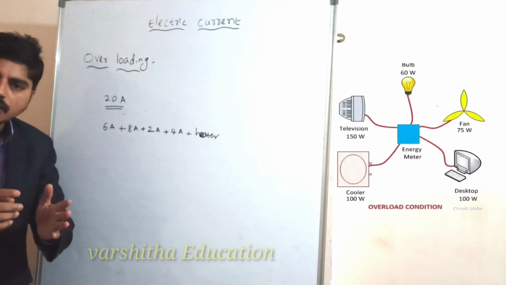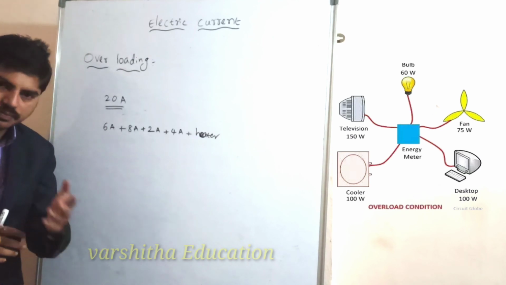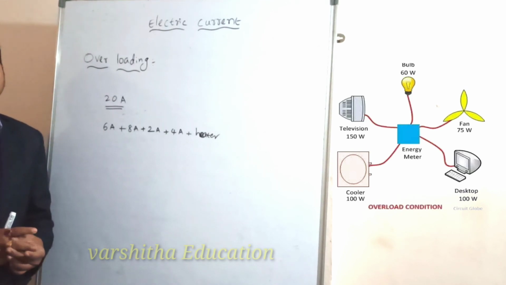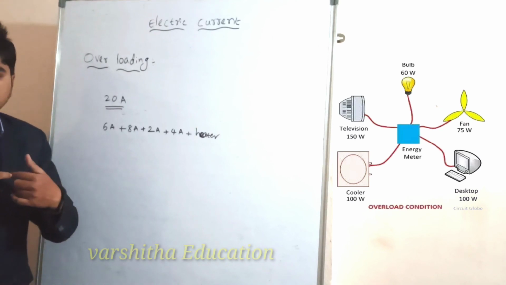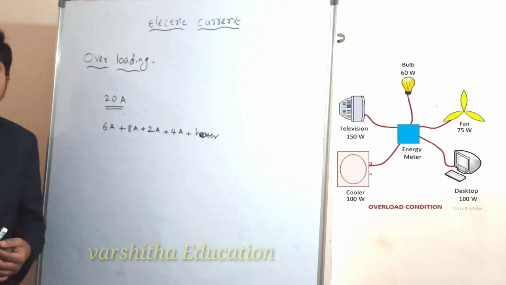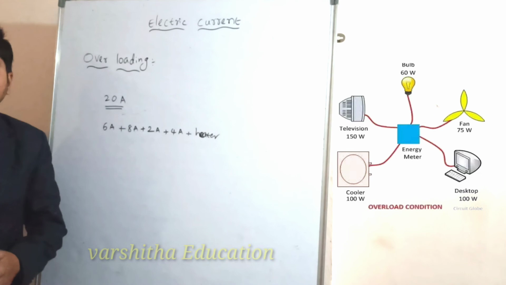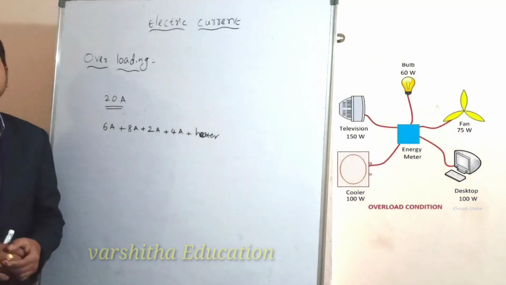If high current, more than 20 amperes, enters the circuit, the thin wire melts and detaches, and the circuit becomes an open circuit. So all electrical appliances are protected by this kind of fuse.